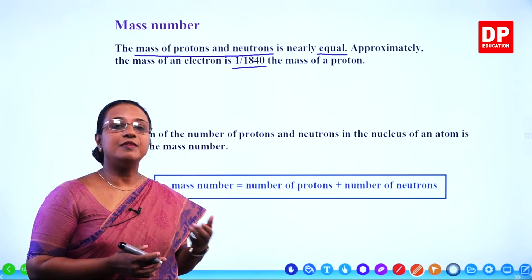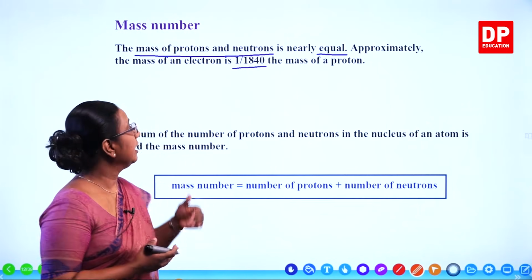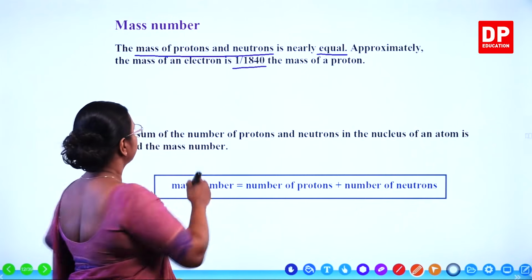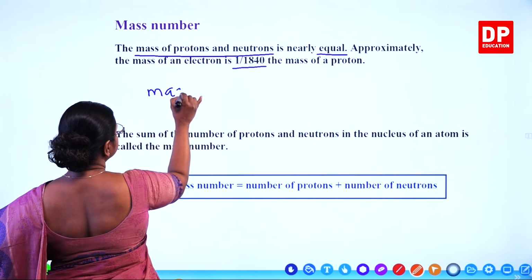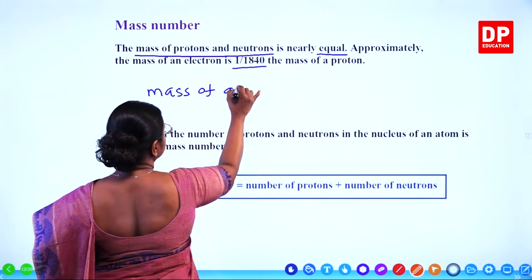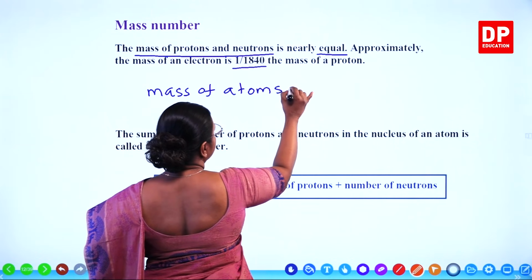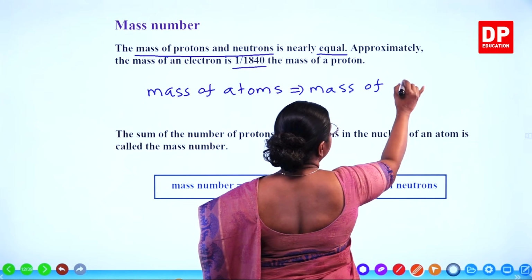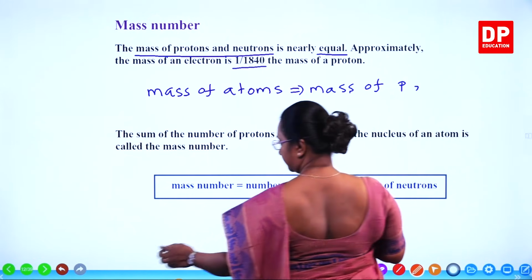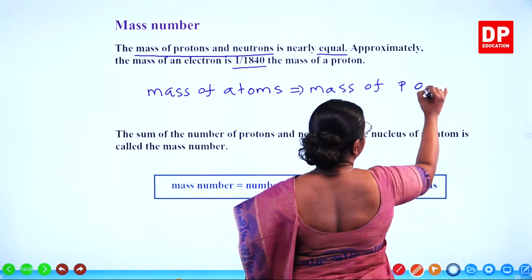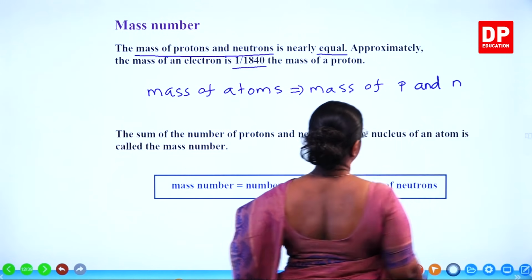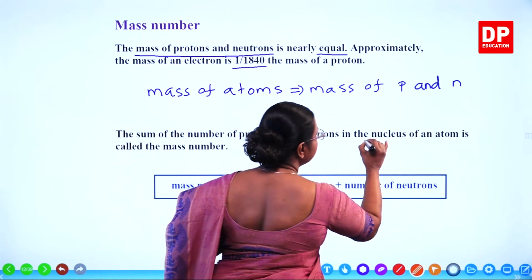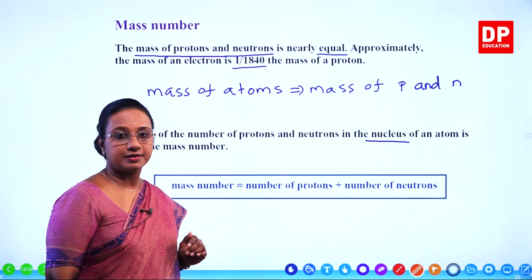Therefore, the mass of an atom is obtained from the mass of protons and neutrons. So mass of atoms comes from mass of protons and neutrons. And these two are situated in the nucleus of an atom.